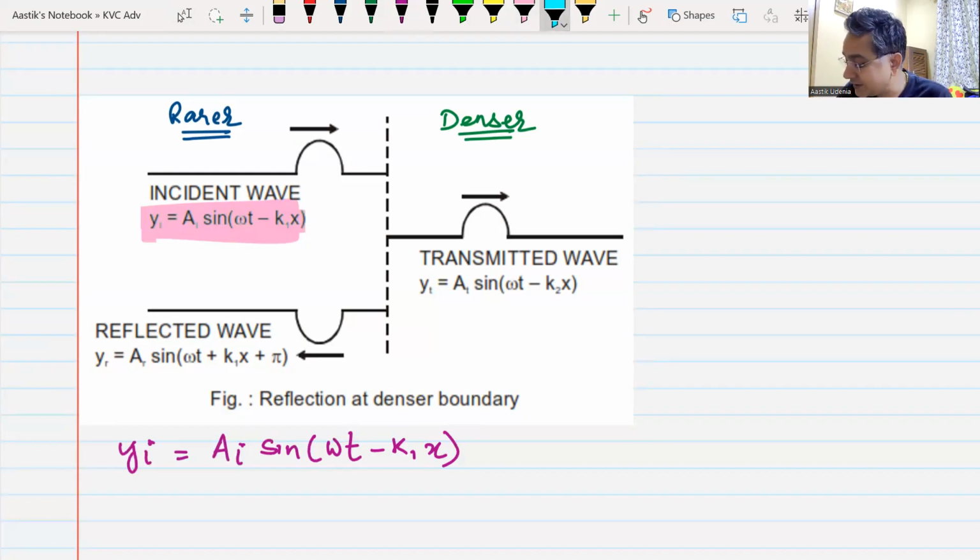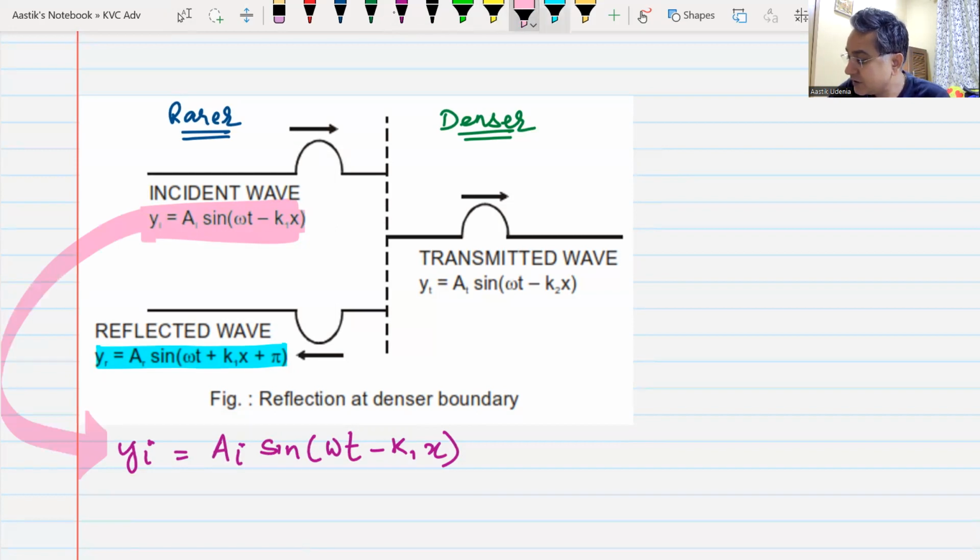The wave is getting reflected from a denser medium, and therefore it undergoes a phase change of pi. So the equation of the reflected wave, this is the equation of the incident wave. Can anyone tell me what will be the equation of the reflected wave?